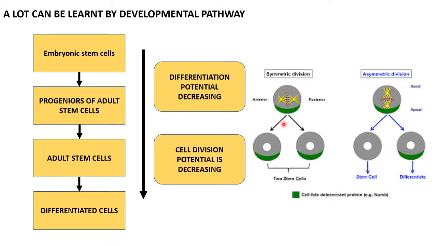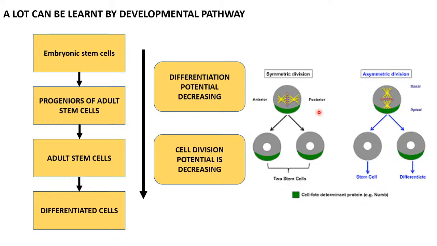So this kind of cell division is called asymmetric cell division, where a stem cell or adult stem cell is dividing and it is giving you one stem cell and one differentiated cell. So asymmetric cell division means two daughter cells coming from one mother cell, and one cell is similar to the mother cell and the second cell is not similar to the mother cell.